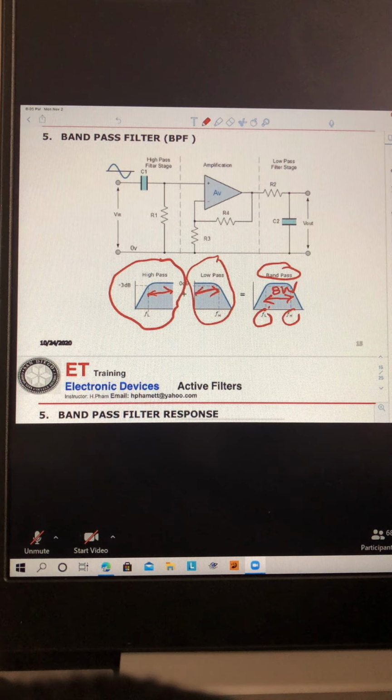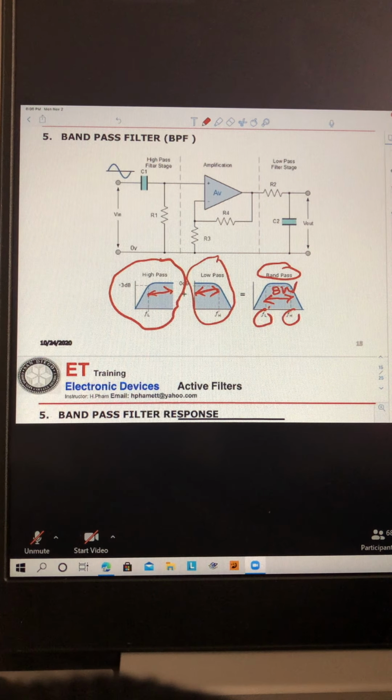Okay, thank you. I have a question: how can you find out the bandwidth of a high pass? Which formula are we going to use? The bandwidth for the high pass will be from FC, the cutoff frequency, to FL. Okay, I got it. Thank you.